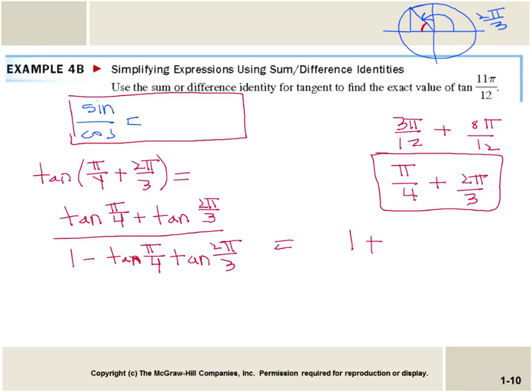It would be pi minus 2 pi over 3. Remember, reference angles are always between 0 and pi over 2, so 5 pi over 3 is not between 0 and pi over 2. 120 degrees is not between 0 and 90.